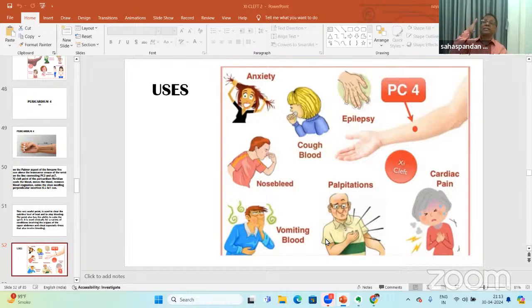Pericarditis is the inflammation of the pericardium. In this case, this point, the pericardium cleft point, can be used. Also inflammation of the mammary gland.